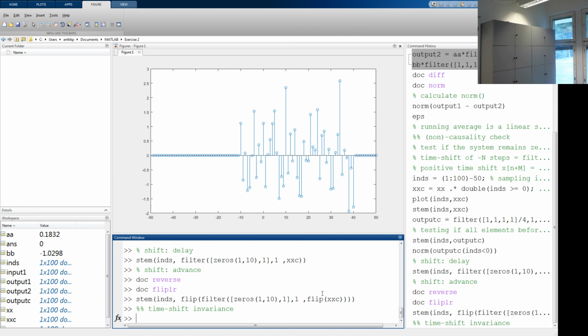So fundamentally you should check if these are the same.